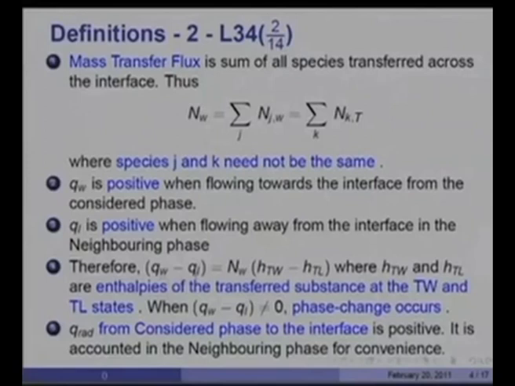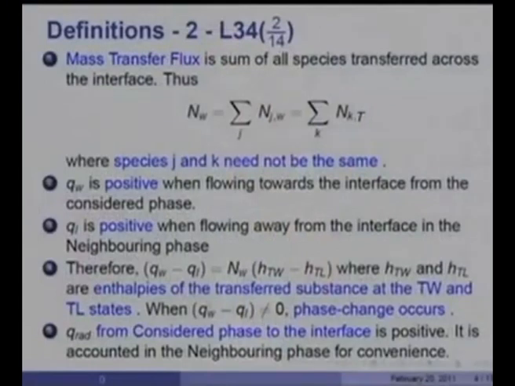Now, if QW minus QL is not equal to 0, then a phase change occurs. For example, remember HTW is the vapor phase in an evaporation problem, and HTL will be the liquid enthalpy, then HTW minus HTL would be simply HFG, the latent heat of evaporation, and therefore, QW minus QL will not be equal to 0, and that is when the phase change occurs.